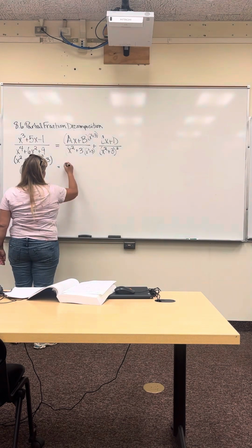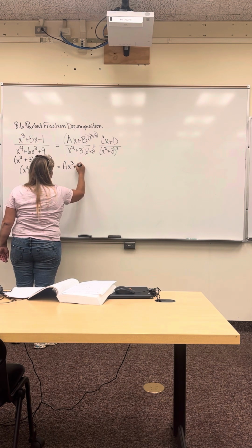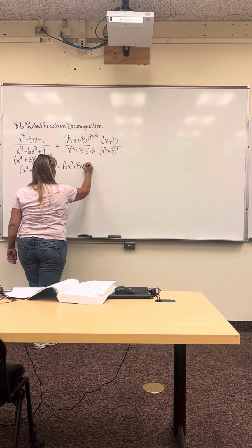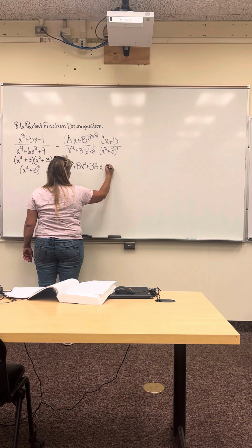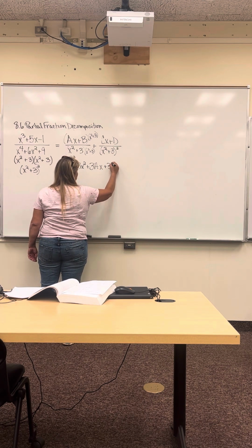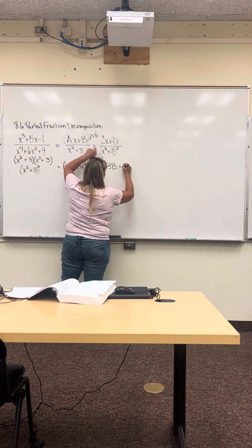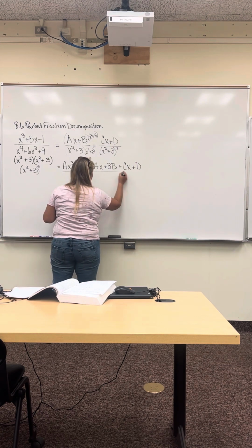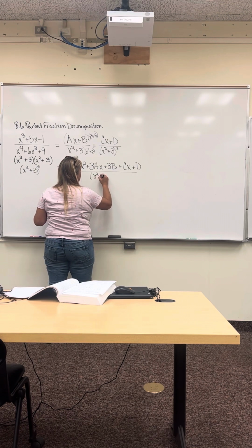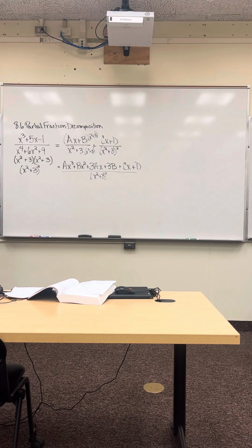So we'll have Ax cubed plus Bx squared plus 3Ax plus 3B, right? That's what we'll have there. And then plus Cx plus D from this fraction, and then the denominator just looks like x squared plus 3 squared. Okay, so there we go with our numerator.